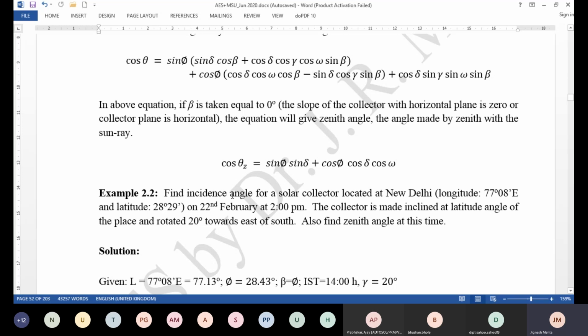Okay, so now there is one example which is given here. You can write down the example.